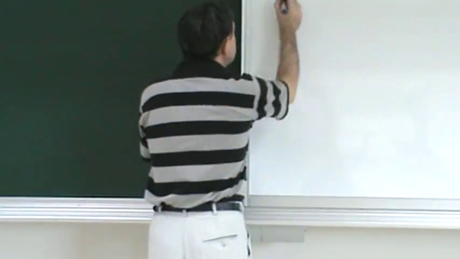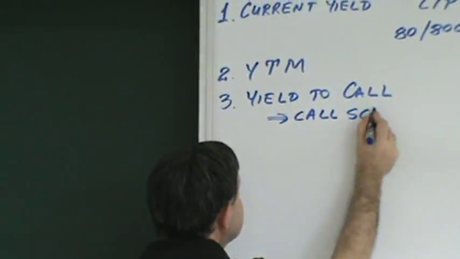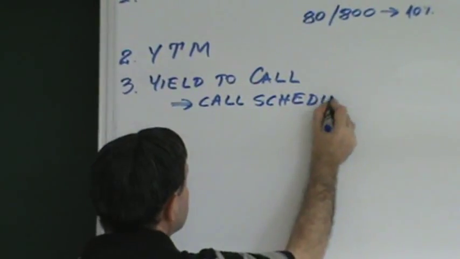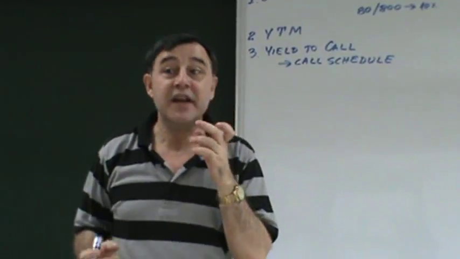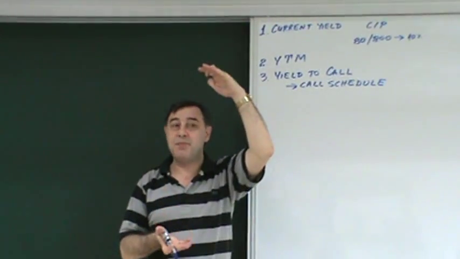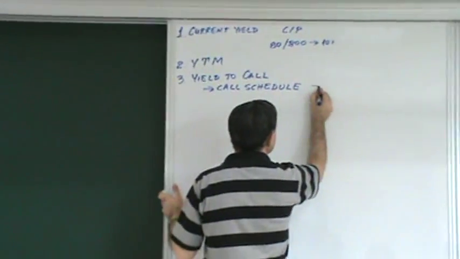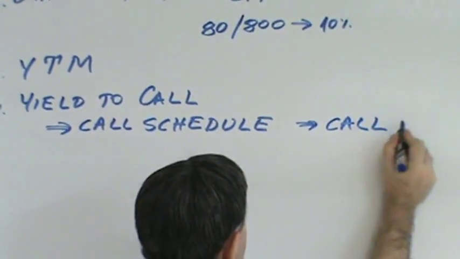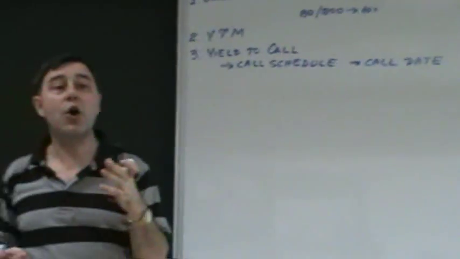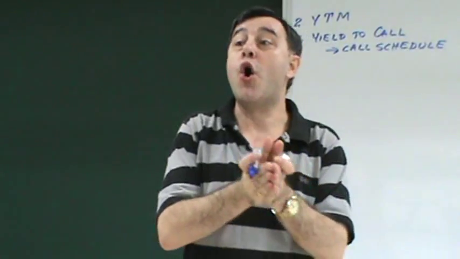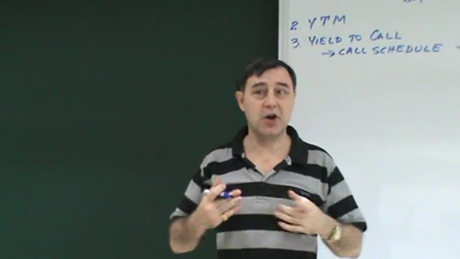A callable bond will have what's called a call schedule. And the call schedule is simply a table that lists all call dates, and a call date is a date on which the issuer has the right to call the bond if they want to call it.